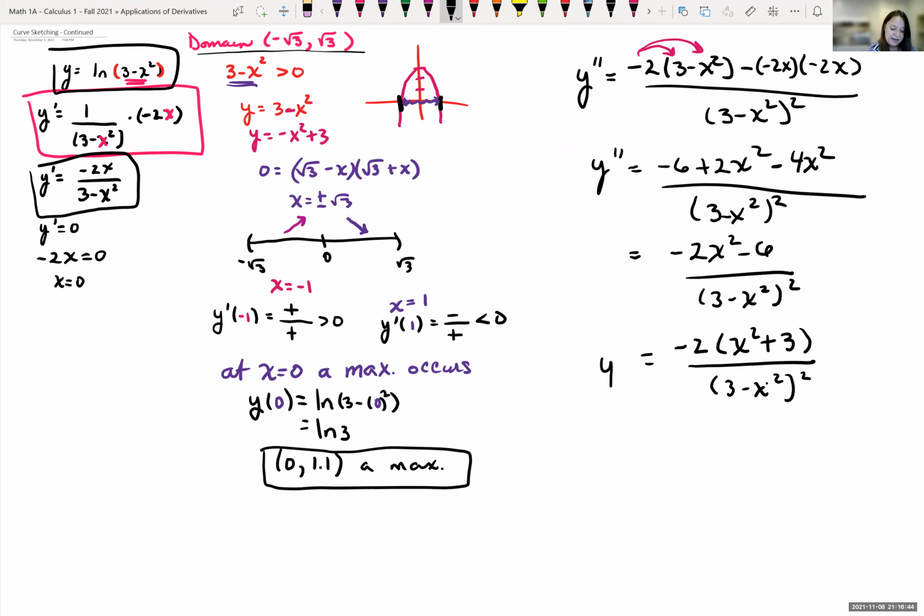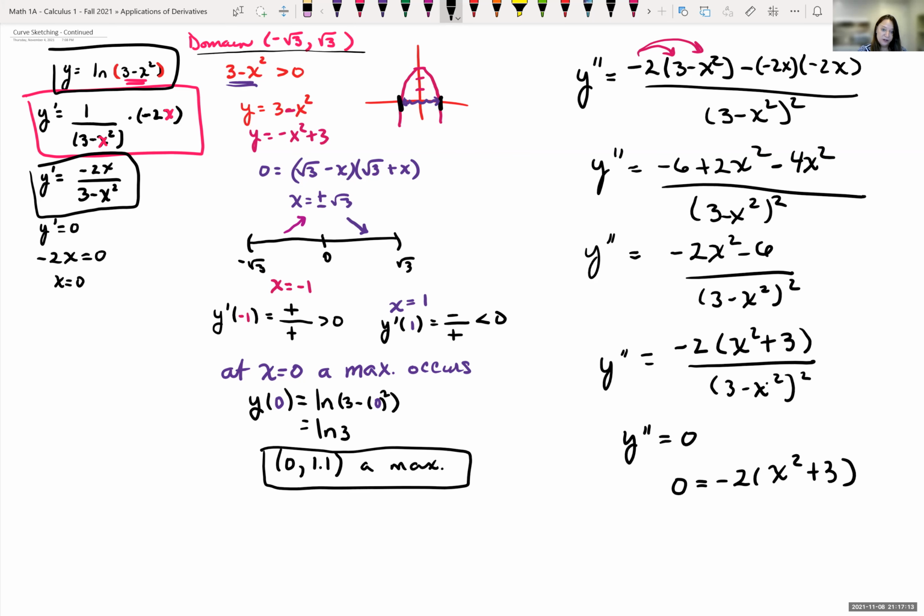Okay, so to find concavity, we want to look at values where our double derivative is equal to 0 and where our double derivative is undefined but defined in our original function. If you look at the numerator, because that's what's going to set our double derivative equal to 0. So let's set our double derivative equal to 0. So let's just look at when our numerator is equal to 0, because that's what's going to set the whole thing.